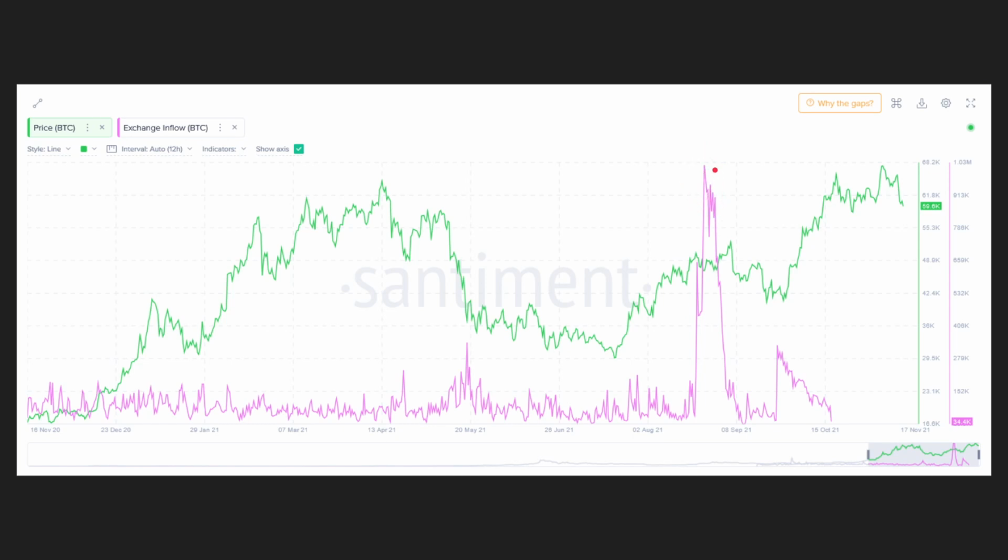Very drastically. And we do see that price not soon after would decline. So one could say that there is some sort of correlation where as exchange flows increase and spike at key moments, that could precipitate or predicate a downtrend in prices.